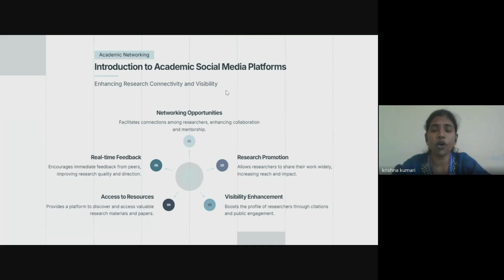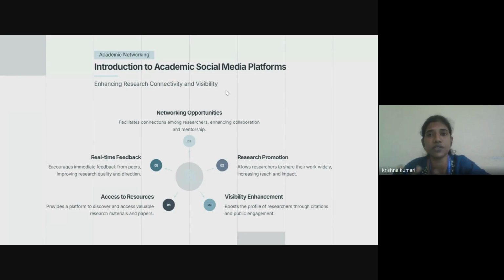So what opportunities are these platforms giving us? Networking opportunities: they let us connect with other researchers doing research in the same field. They also enhance collaboration and help us follow mentors. These platforms give real-time feedback on our current research work, our past work, or work we are going to present in future.